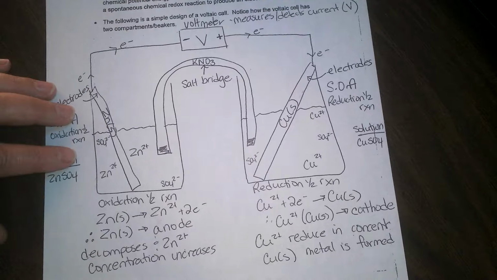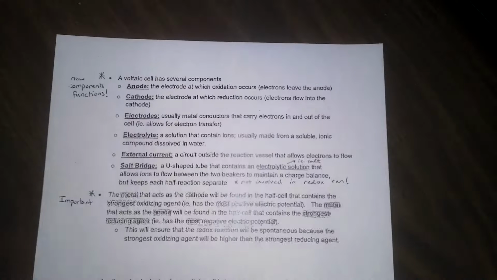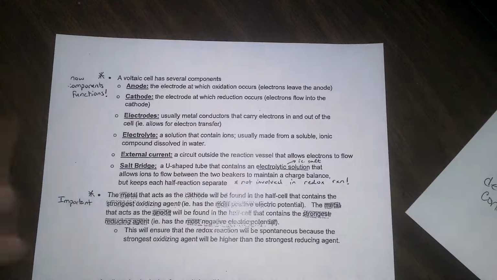Let's look at the definitions. Okay, there's lots of components. So we looked at the anode. The anode is where the oxidation occurs. Electrons are leaving the anode. A cathode is where the reduction occurs, so electrons flow into the cathode. They're usually metal conductors that electrons carry in and out of.